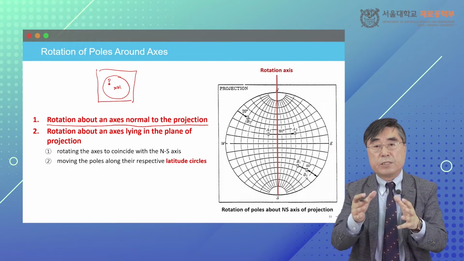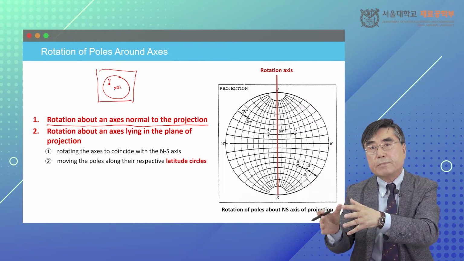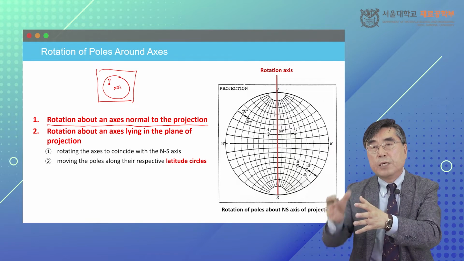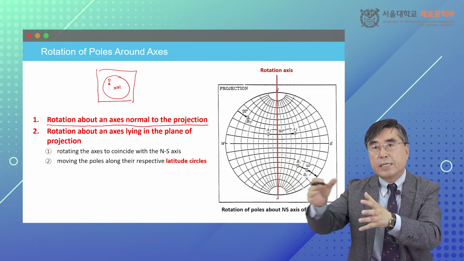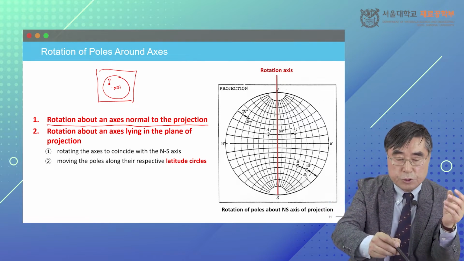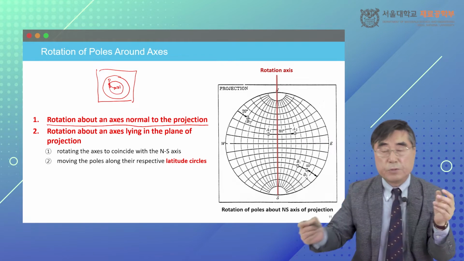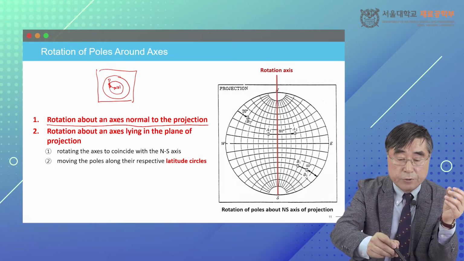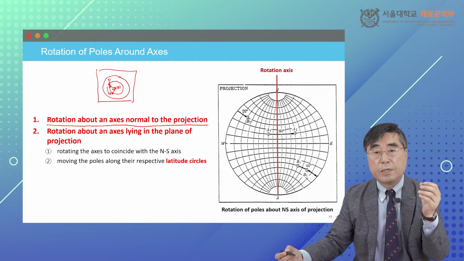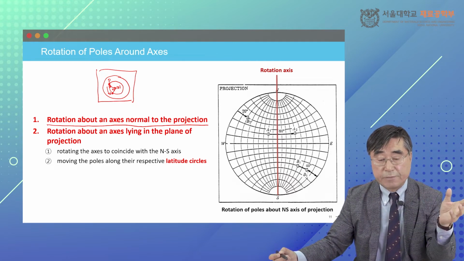This is information that you cannot get using the Wulff net. The Wulff net only shows the great circles and a set of small circles, and in this case, this rotation should be done by using the small circles with the same radius as the P pole. Then you can measure the angles, and if you have 90 degrees, then this P1 pole should come here. This information is not in the Wulff net, so you have to do it by yourself.